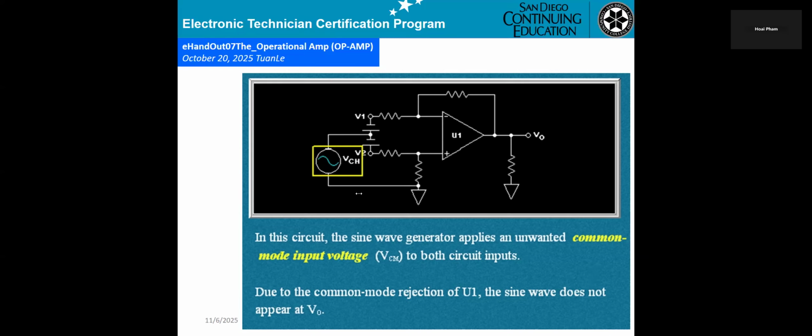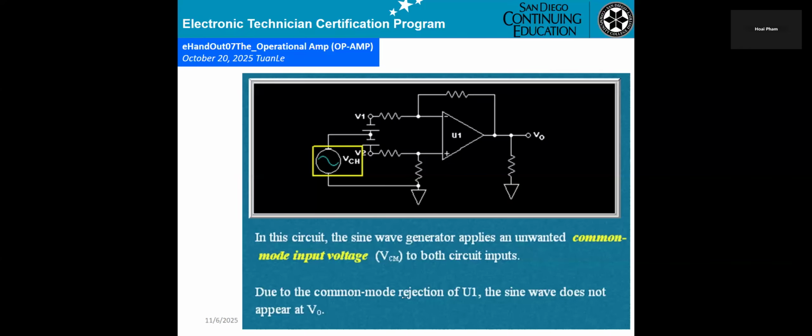Okay, now on this one, in this circuit, a sideways generator applies an unwanted common mode input voltage, they call it VCM, to both inputs. That means they connect the generator to V1 and also V2.